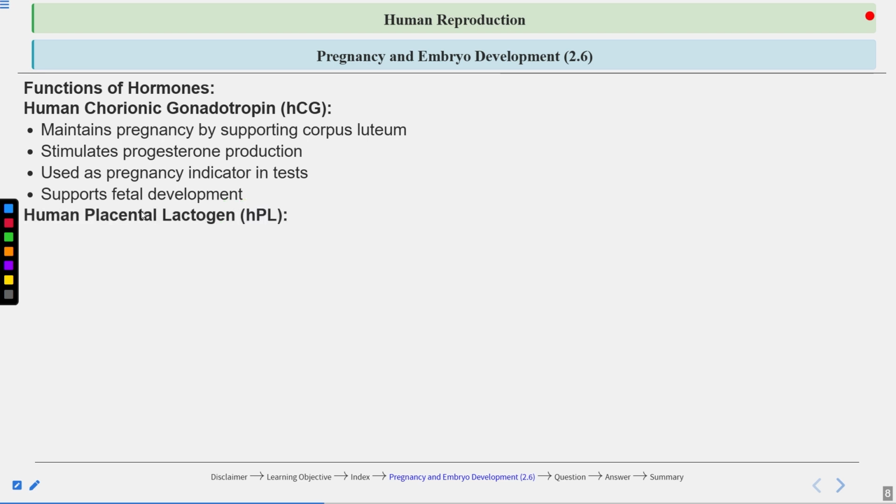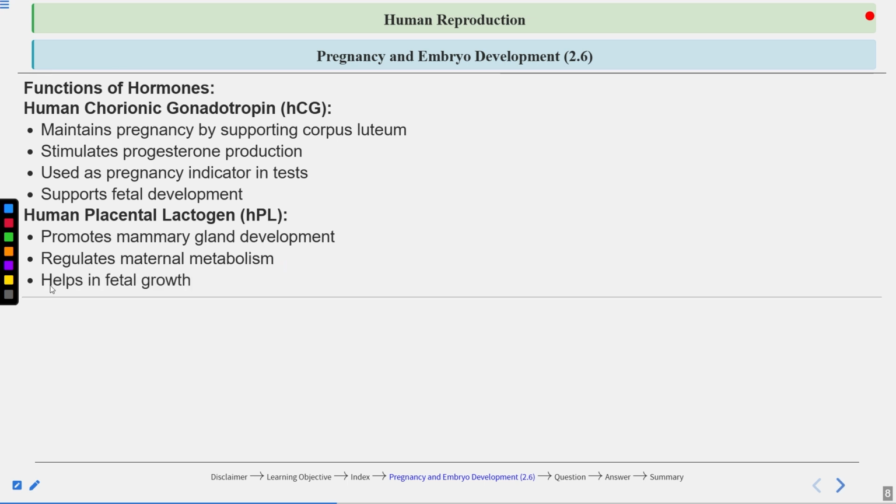Next, let's talk about the human placental lactogen. It promotes mammary gland development. These mammary glands secrete milk. It regulates the maternal metabolism also and helps in fetal growth.